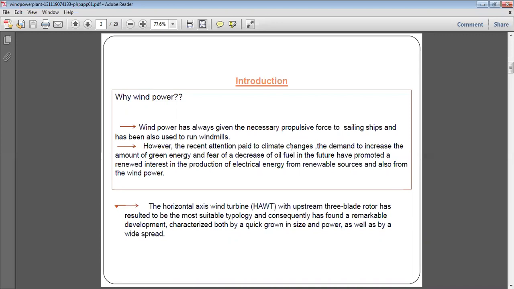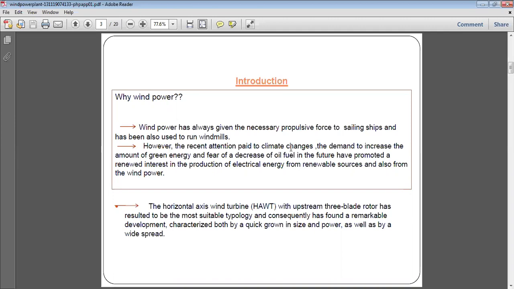And so the horizontal axis wind turbine with an upstream three-blade rotor has turned out to be the most suitable typology, and consequently has found a remarkable development characterized both by quick growth in size and power as well as by being widespread. So what we normally call the horizontal axis wind turbine is an upstream three-blade rotor turbine.